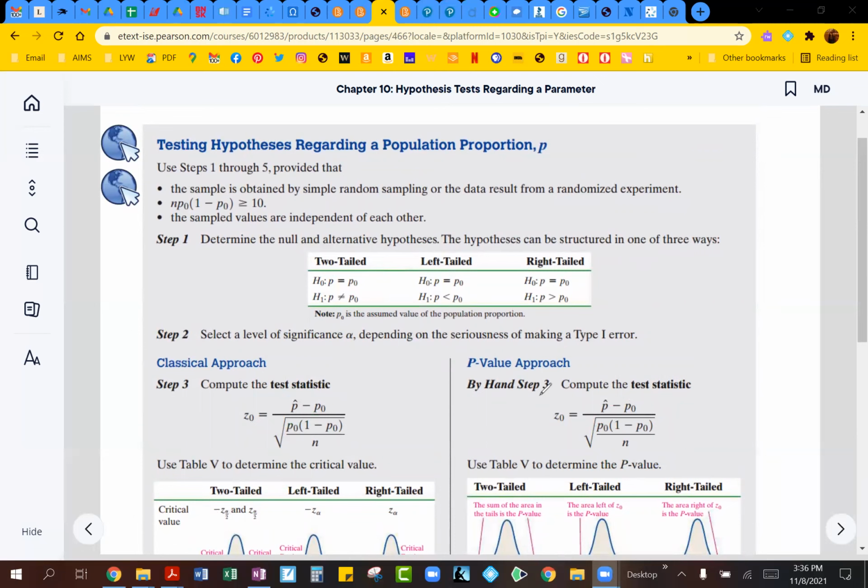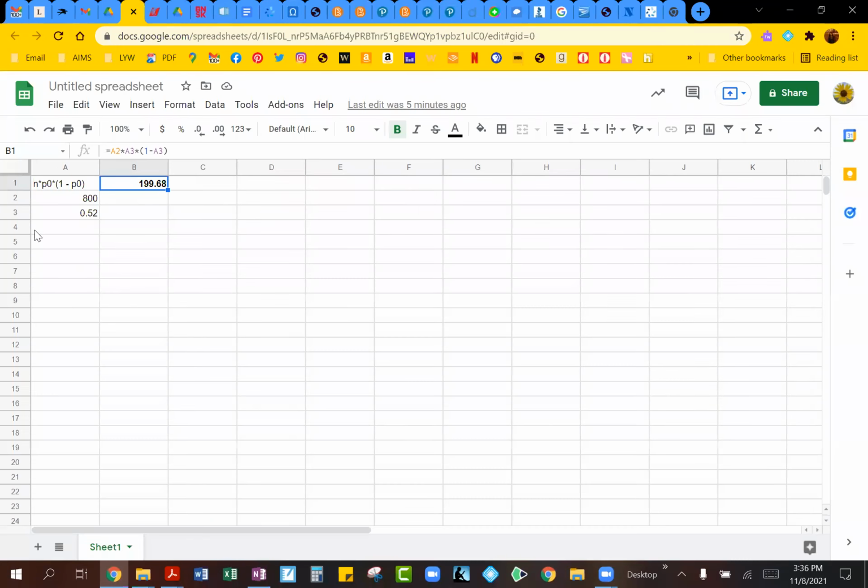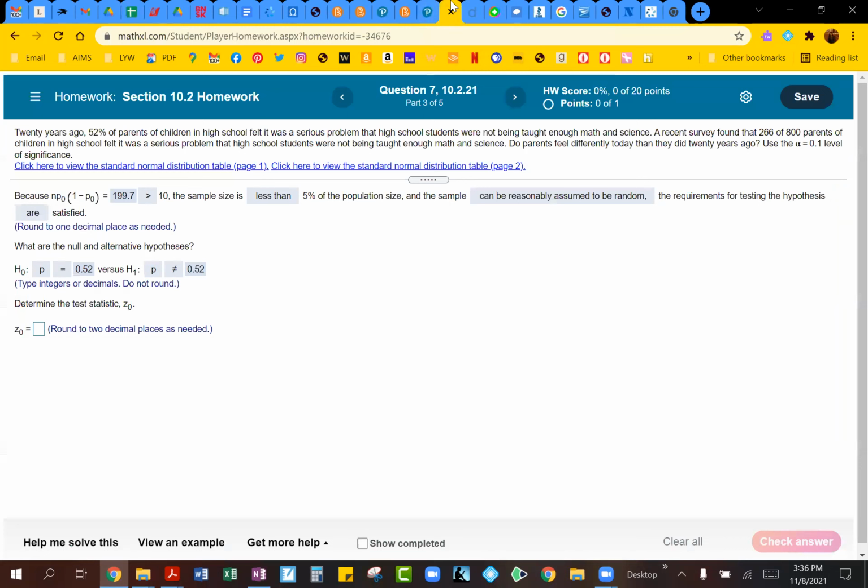So we need to calculate that p hat first, which is our population proportion. So I'm actually going to come back to our sheet, and right now I'm just going to type in p hat. So remember, your p hat is your x divided by n, which for us, the x value was the 266 out of 800.